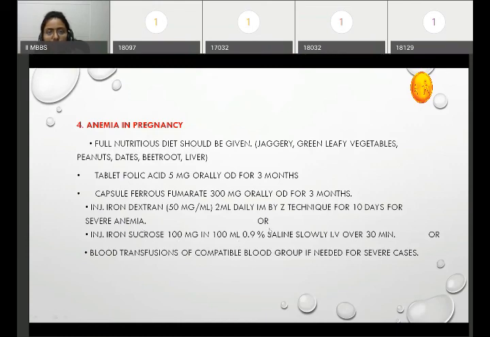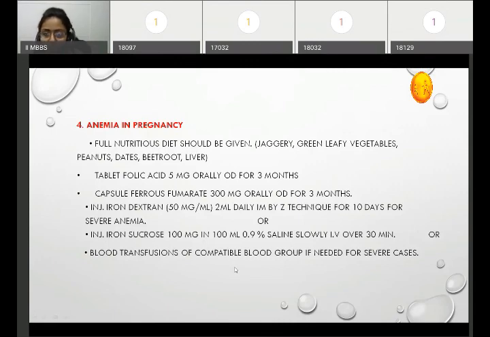Other salt that can be given by intramuscular injection is iron sucrose, that is known as ferrous sucrose also, 100 milligram in 100 ml 0.9% saline slowly over 30 minutes. And if still the anemia is not getting corrected, then you can add blood transfusion of compatible blood group if needed.